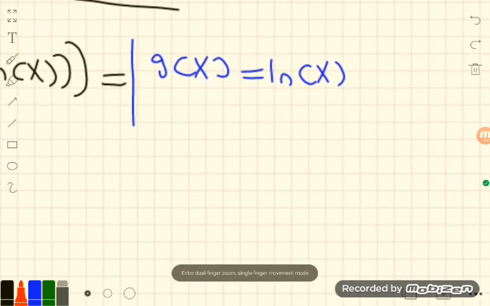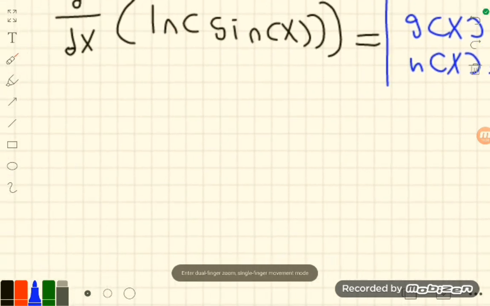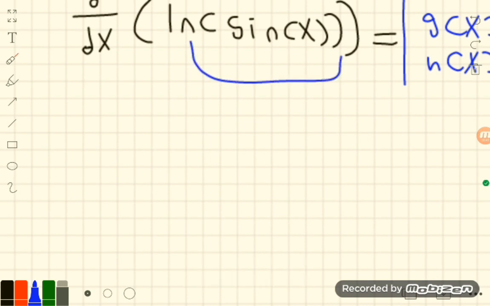So g of x equals ln of x, and we can say something else over here that, hold on, our other function, let's call that h of x. H of x, well, that's nothing but sine of x. And I really hope that you will be able to pick up on this one. So let's call all of this f of x. So f of x is nothing but g, because natural log was placed first.